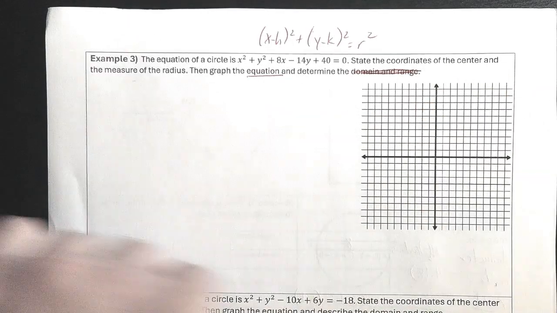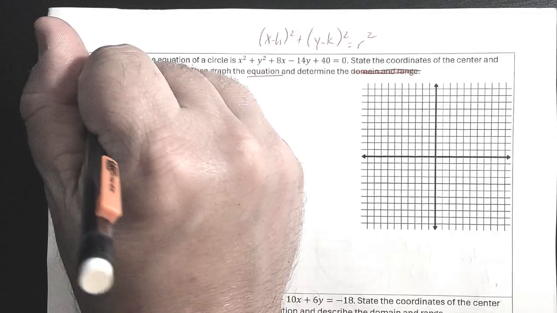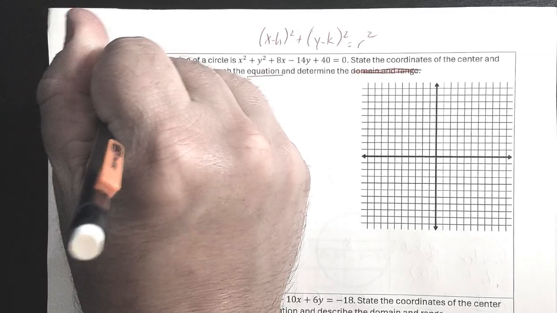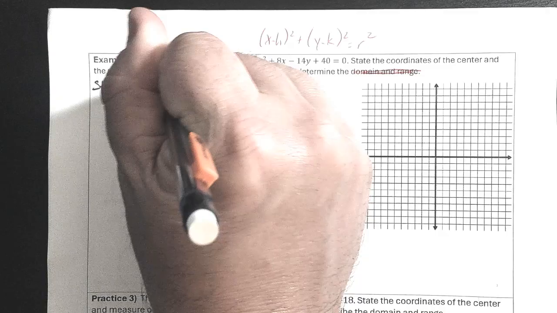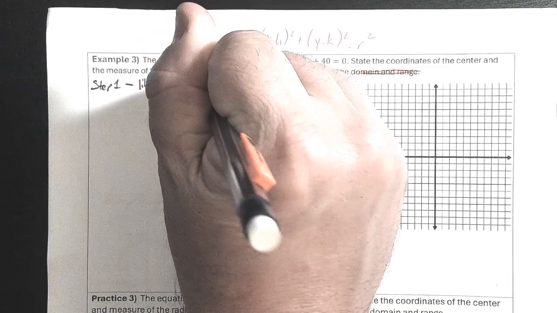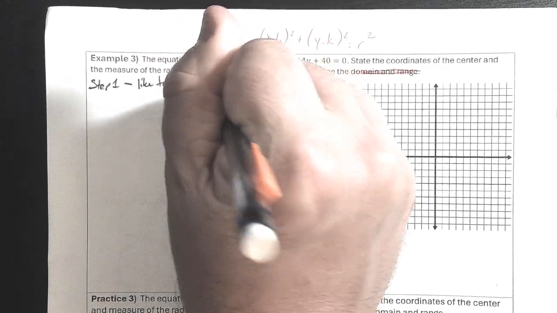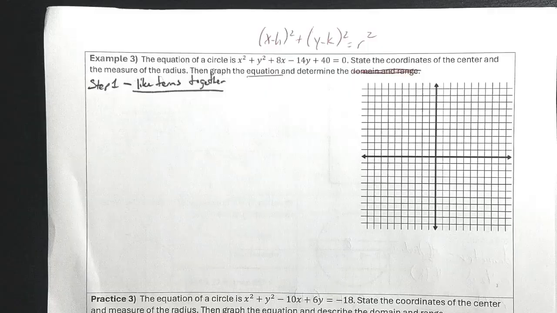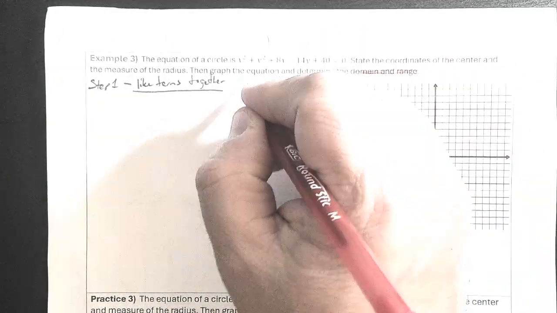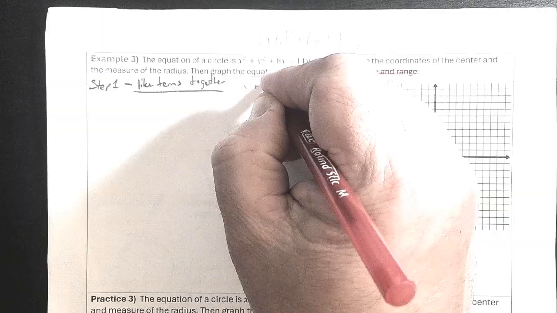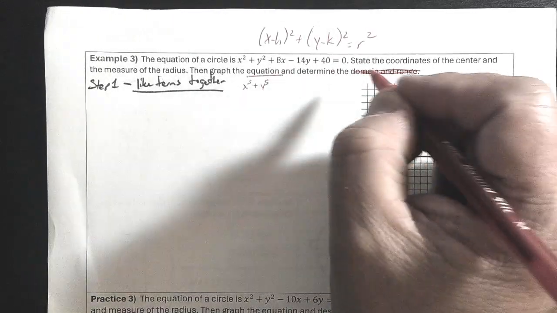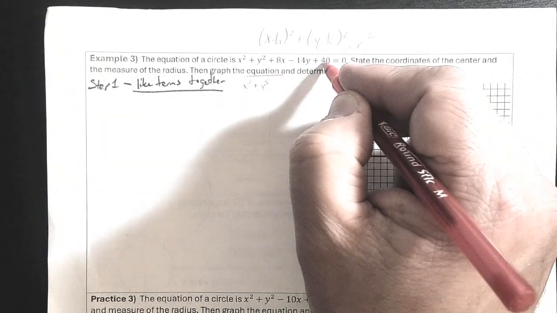All right, step 1 is you need to get like terms together. So x's and y's, and the number is going to go over here.